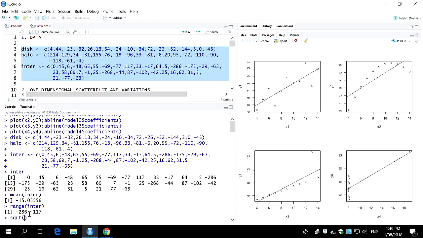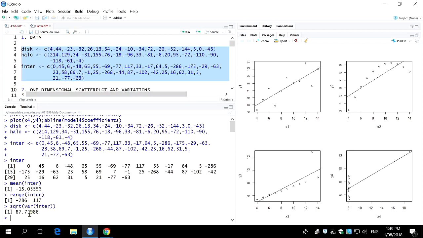The square root of the variance of inter, which is the standard deviation, is 87. So there's some numerical summaries of this data set. Like I said, it's unsatisfying because you really have no idea what this thing looks like as yet. So we're going to move towards ways in which we can think about this data.